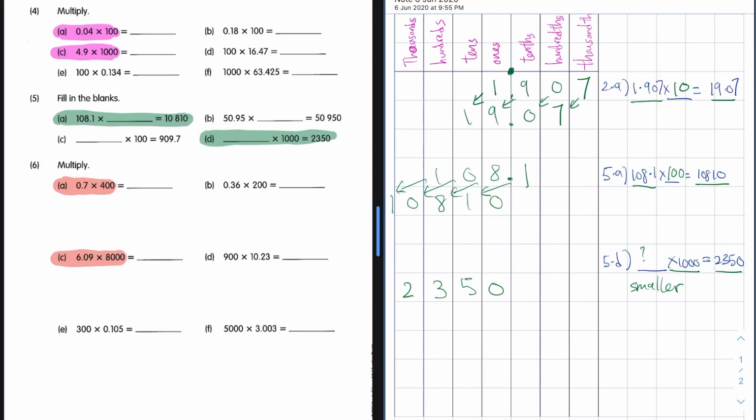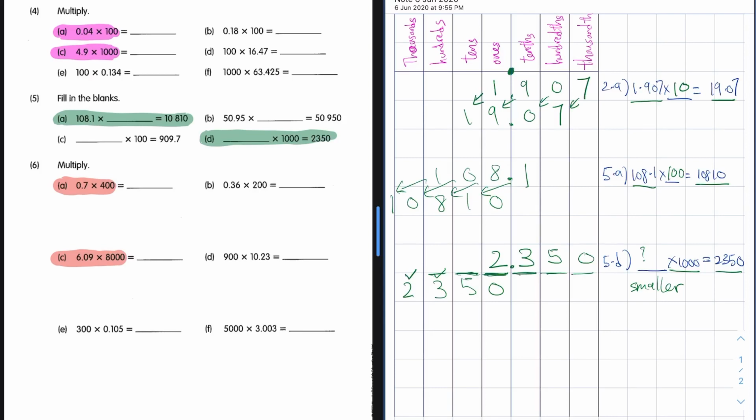So let's start with the 0. So 1, 2, 3, so I put a 0 here. Now with the 5, so 1, 2, 3, the 5 goes here. With the 3, so 1, 2, 3, the 3 goes here. And for the 2, 1, 2, 3, the 2 is here.